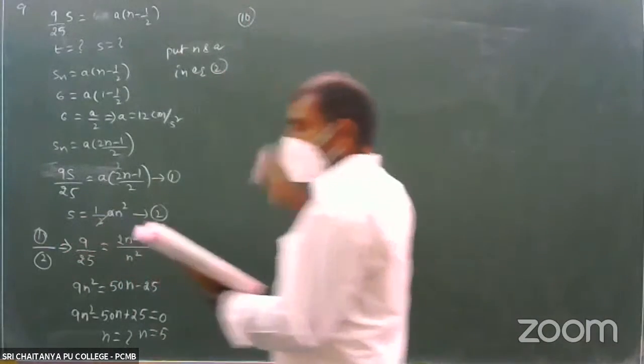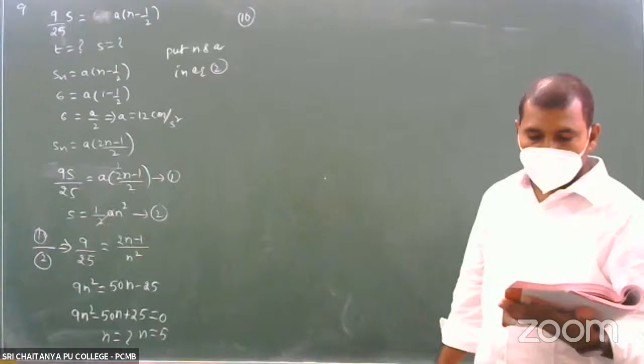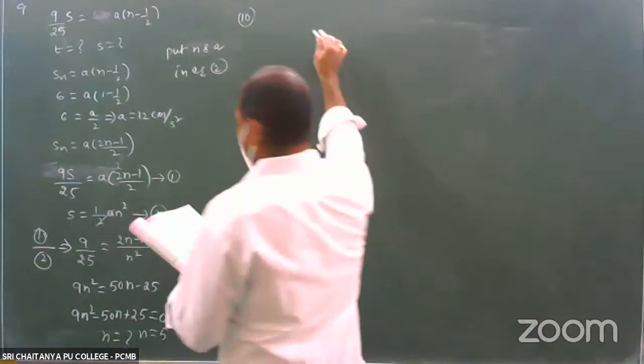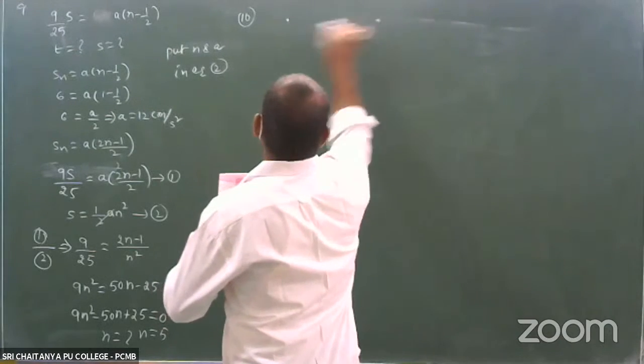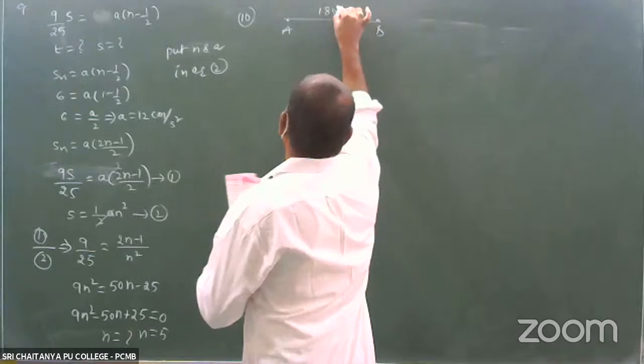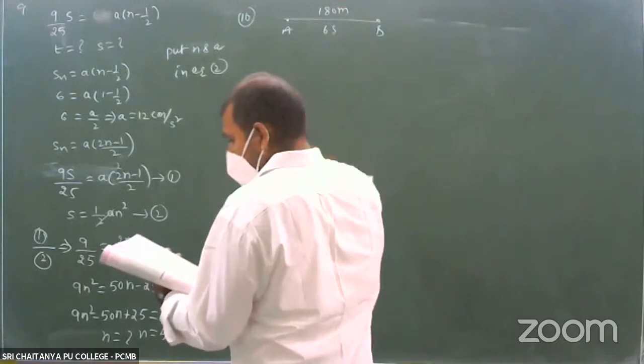Next, the 10th one. A car moving with constant acceleration covers the distance between 2 points 180 meter apart in 6 seconds. Taking the points A and B, the distance between them is 180 meter, in 6 seconds.